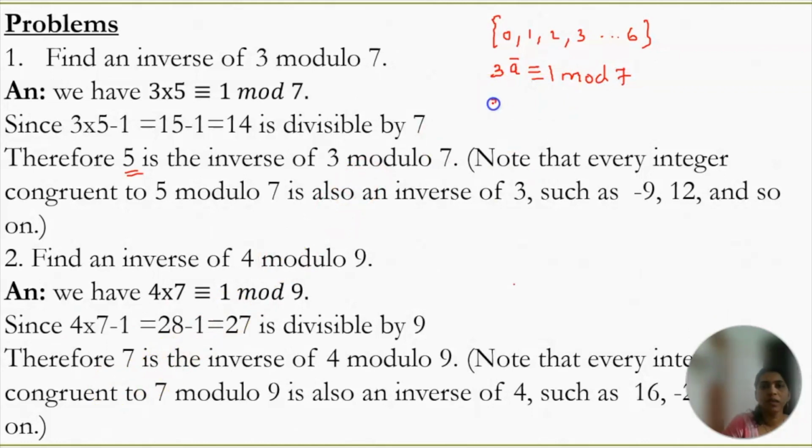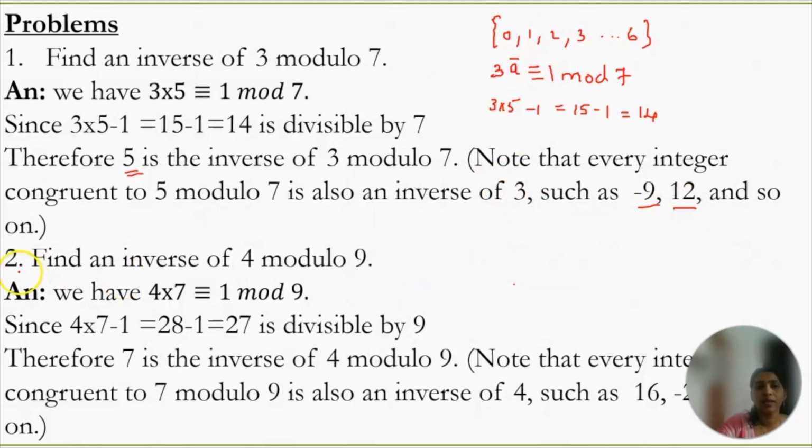We have 3 into 5 minus 1 equal to 15 minus 1, which is equal to 14, which is divisible by 7. Therefore, 5 is the inverse of 3 modulo 7. But every integer congruent to 5 modulo 7 is also an inverse of 3 modulo 7. That is, the numbers minus 9 and 12 are congruent to 5 modulo 7. So these are also inverses of 3 modulo 7.